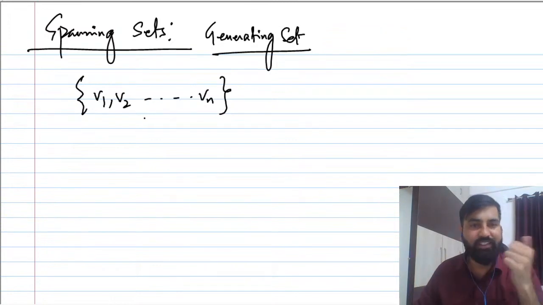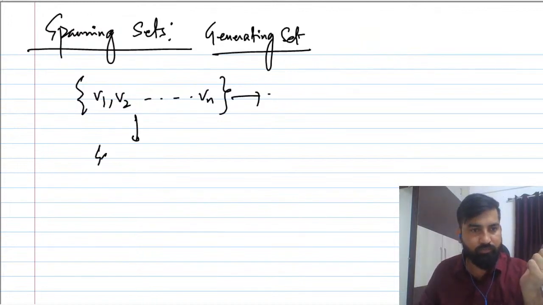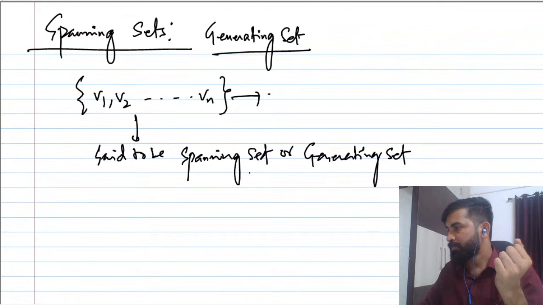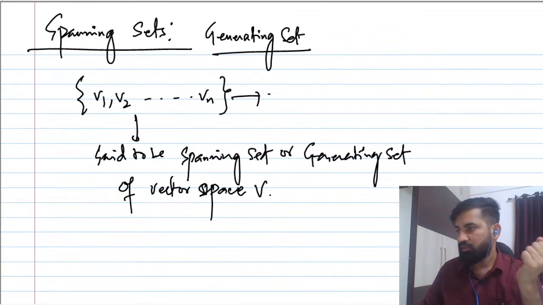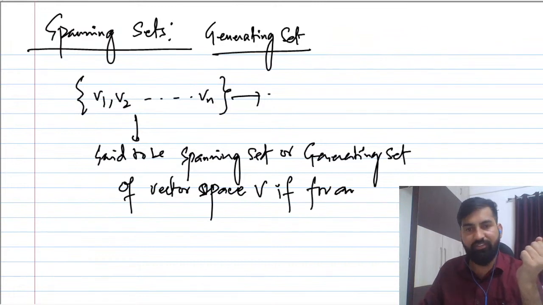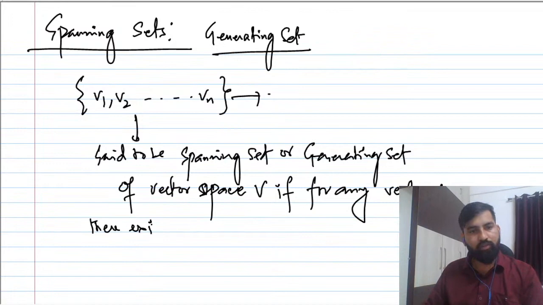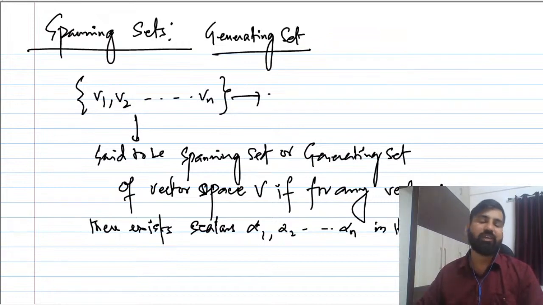This vector set is said to be a spanning set, or you can say a generating set, of the vector space V if for any vector v there exist scalars alpha 1, alpha 2, and so on, alpha n, in the real space R.